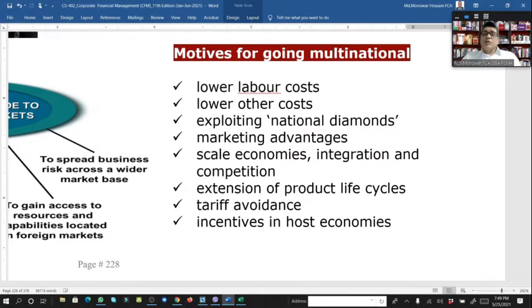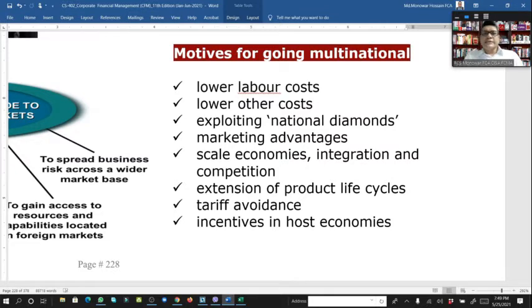We know there are three elements of cost: material, labor, and overhead. If one item's cost is less than in another country, our production cost will be less. If production cost is less, then your profit margin would be high. So that's why we can establish industry in countries with lower labor rates.